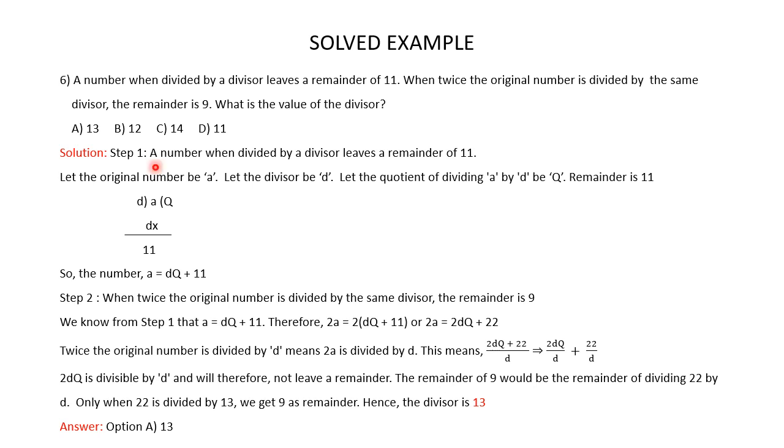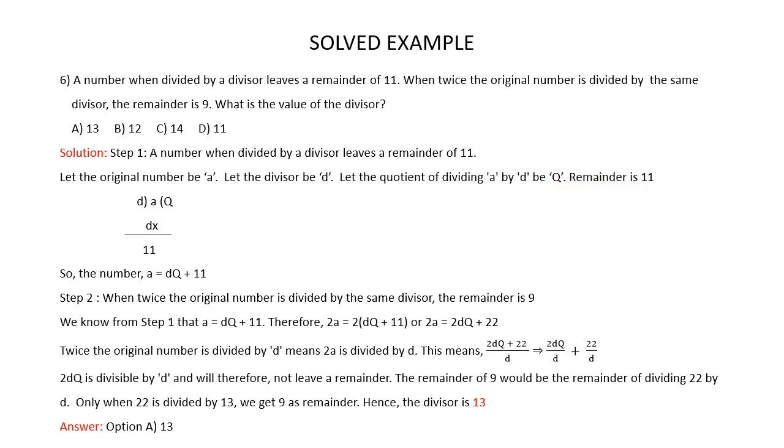It's given in the question that a number when divided by a divisor leaves a remainder of 11. Here you do not know what the original number is, or what the divisor is, or what the quotient is. So let's assume that the original number is A, and let the divisor be D, and let the quotient be Q. You know that the remainder is 11.